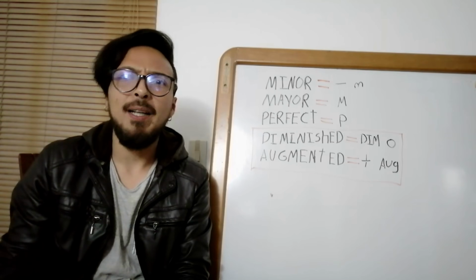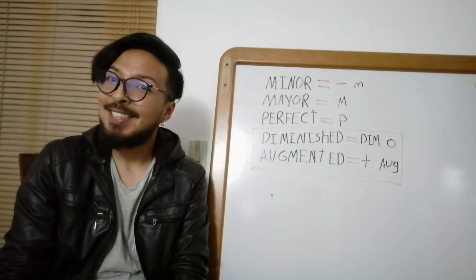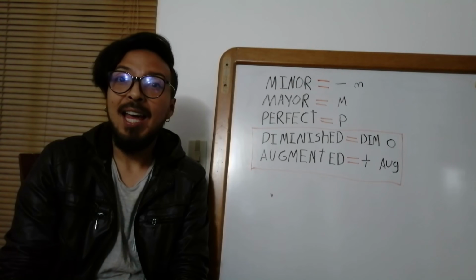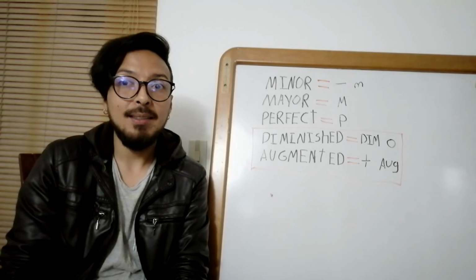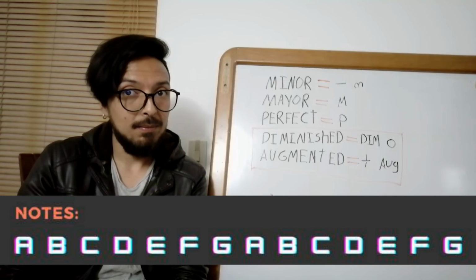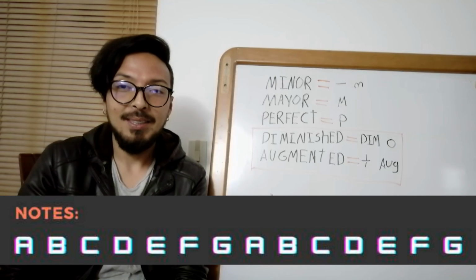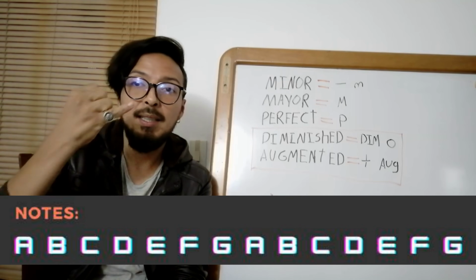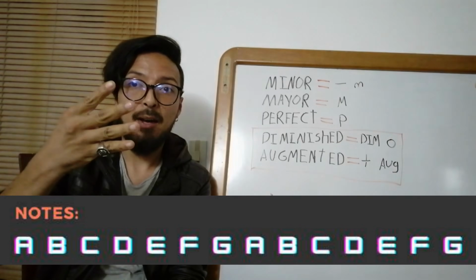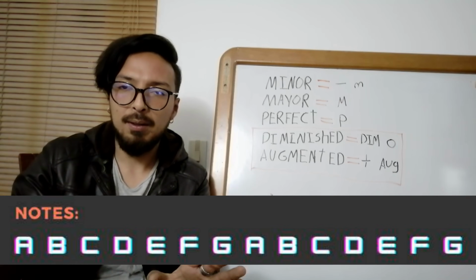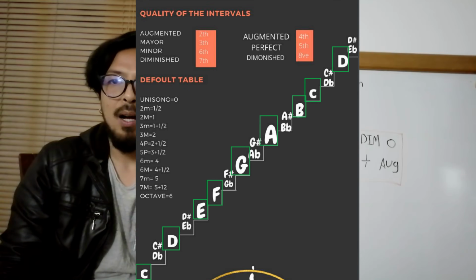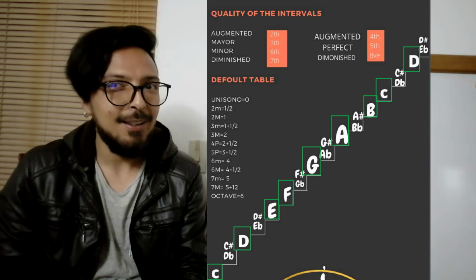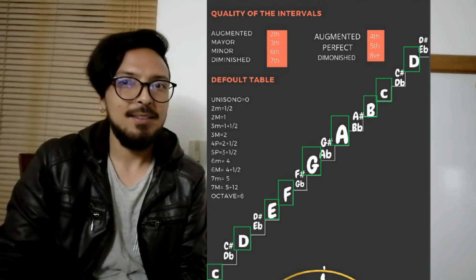Let's put some examples. What's the distance between C and F flat? First step, let's count. C, D, E, F, right? It's a fourth. Okay, let's count. Do you see F flat on our ladder?